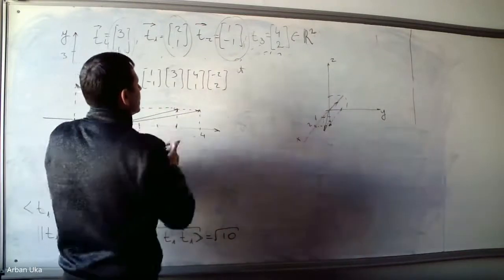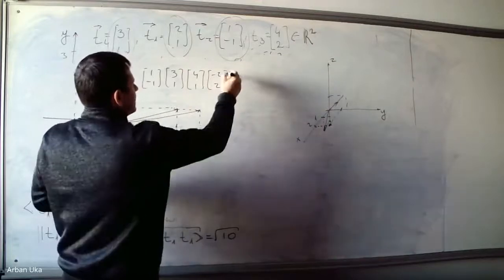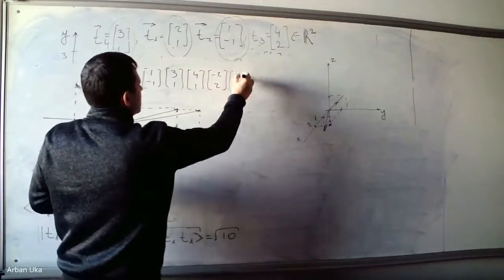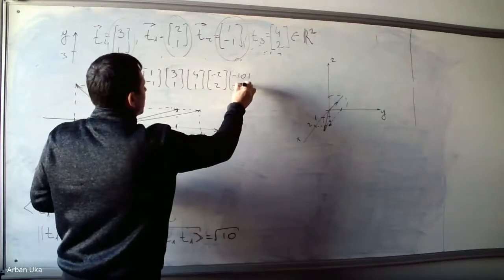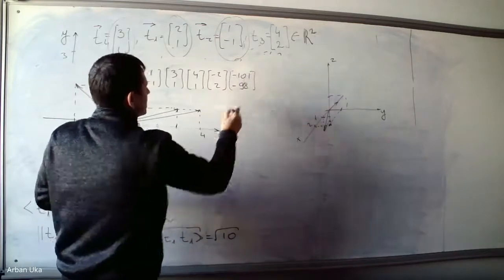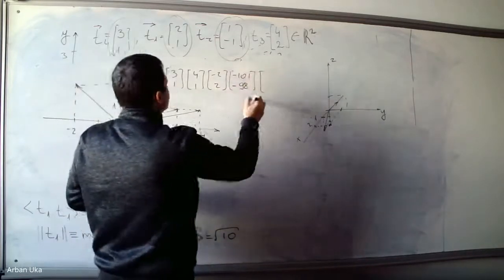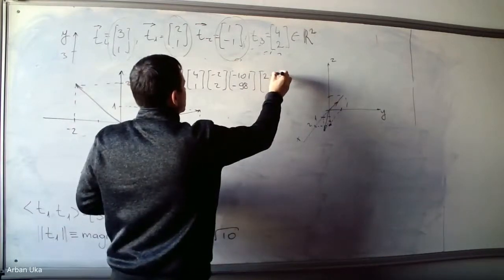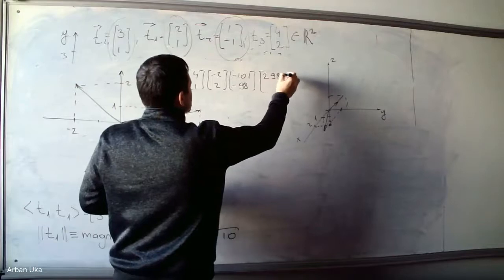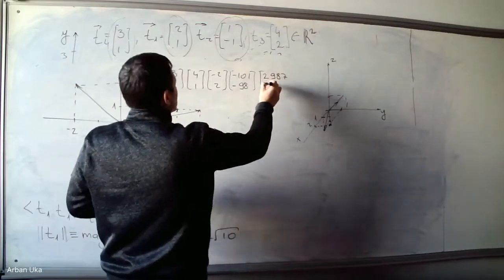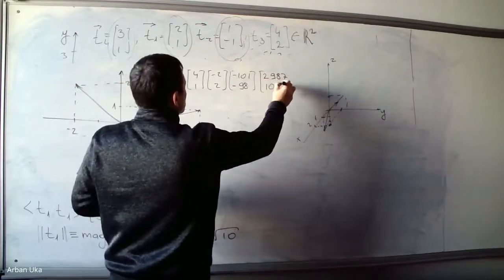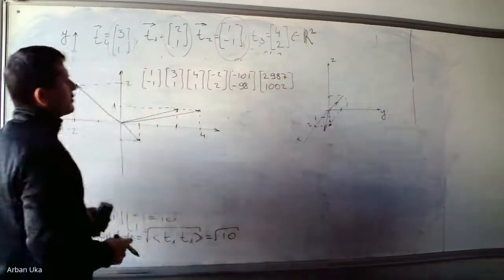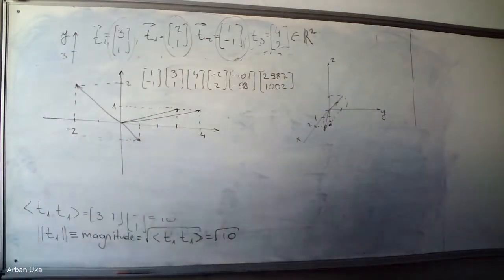But we can also have a vector which is something like minus 101, minus 98. And we can also have 2987, 1002. Okay? So we have quite a few vectors. Let's keep those for a moment.